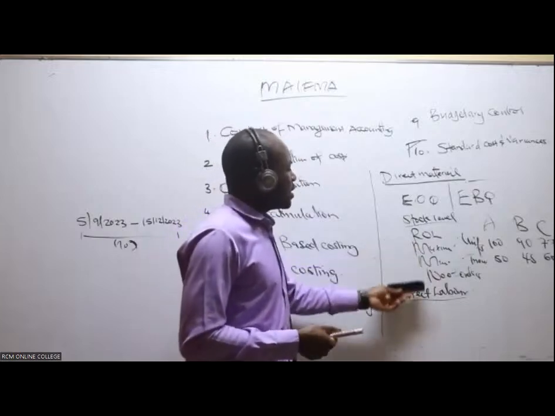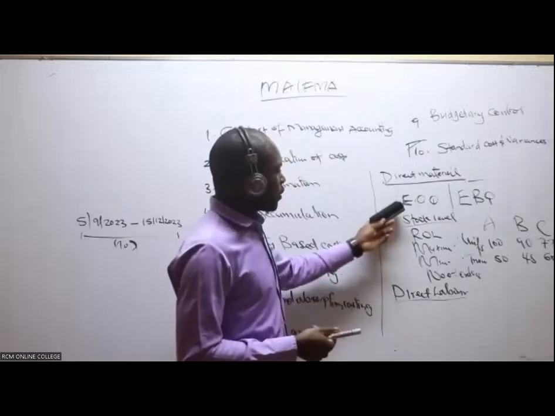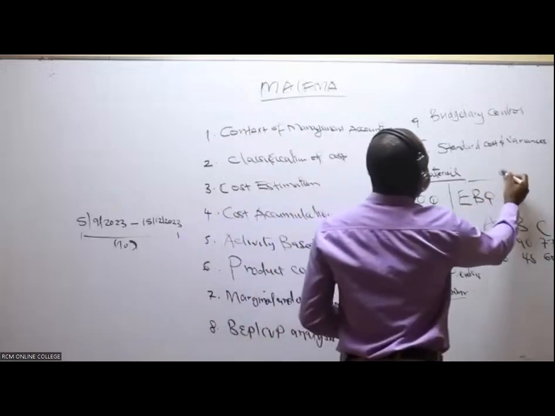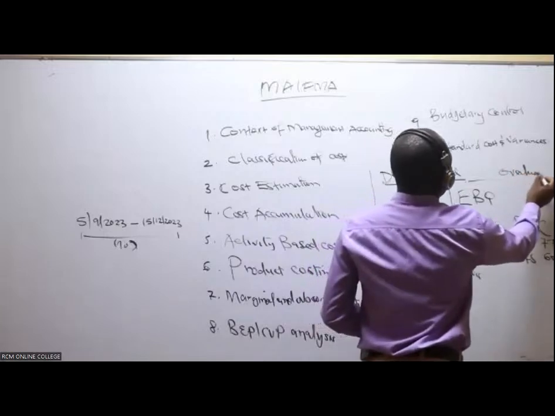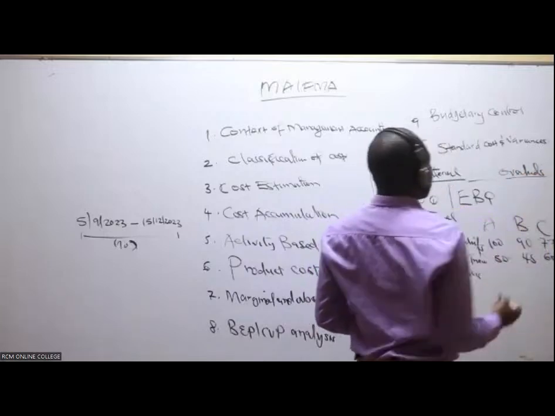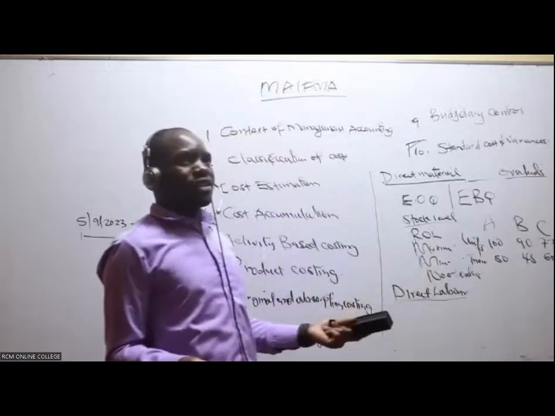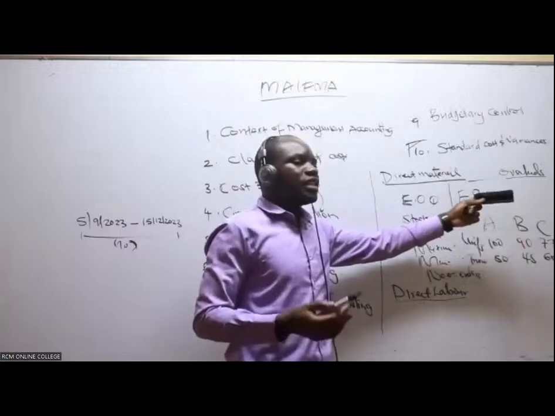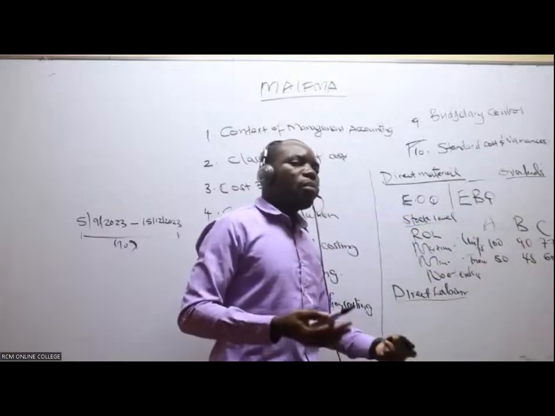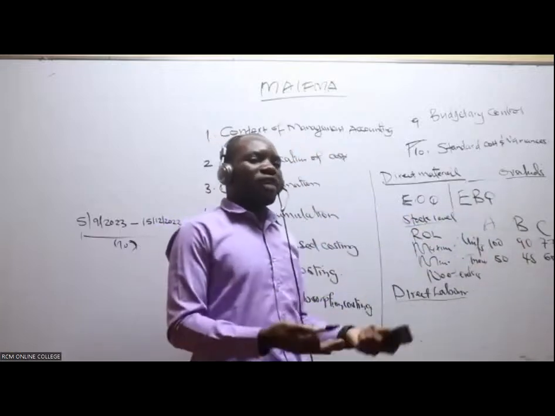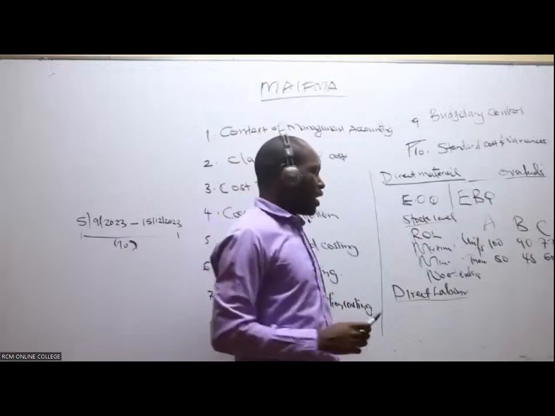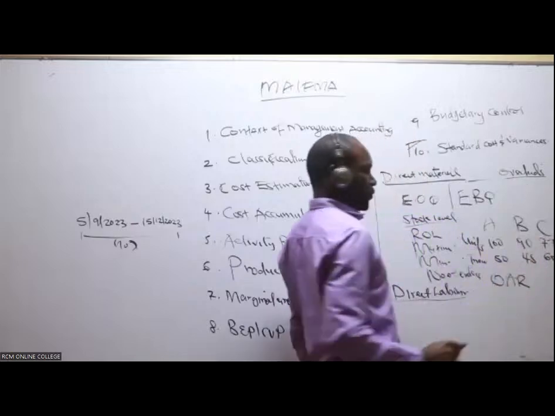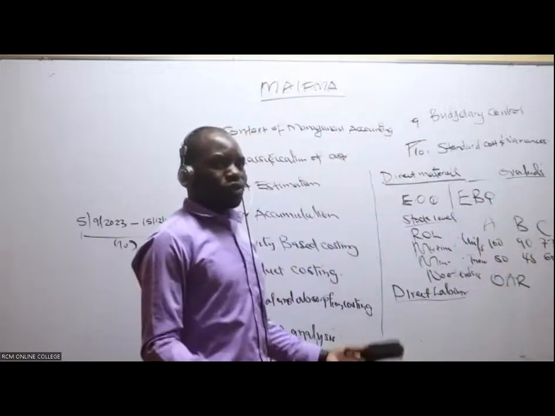After compensating these people, you now need to get what we call the overheads. What you are going to look for is, remember, you've set a standard. You have an estimate. So you have your estimated overheads, and when you compare with the actual overheads, you are going to arrive at what we call the overhead absorption rate.